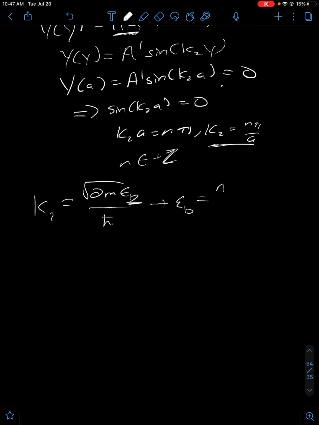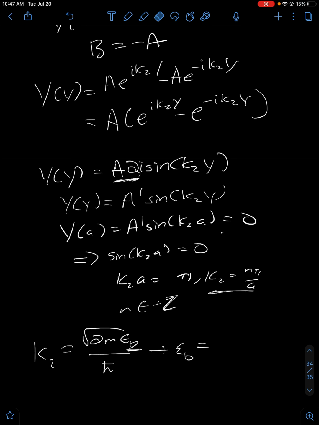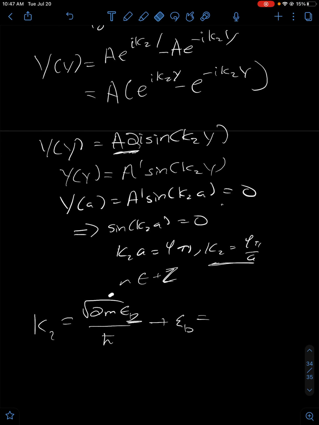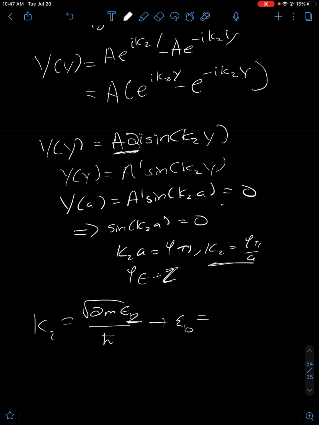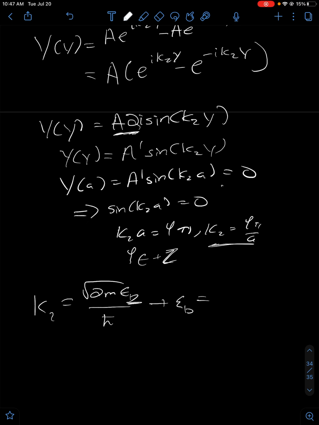Actually, let's rename this n to an L. This may seem arbitrary, but you'll see later. Everything else applies the same. It's just standard to write the y coordinate quantum number as an L instead.